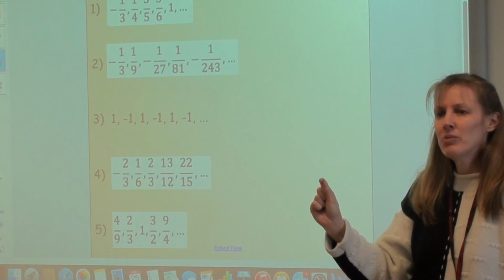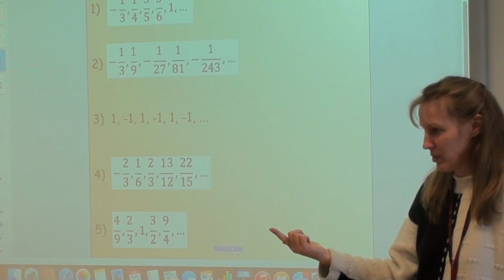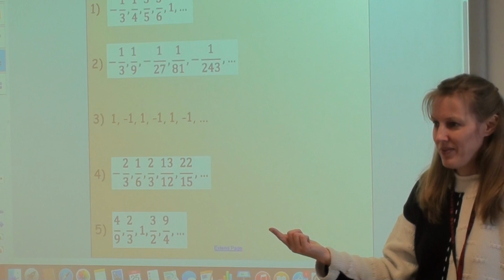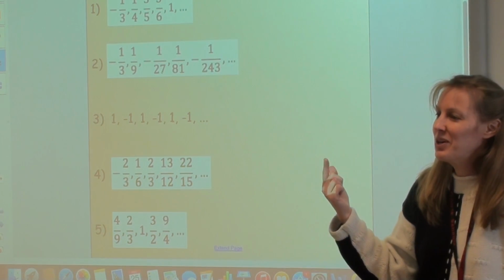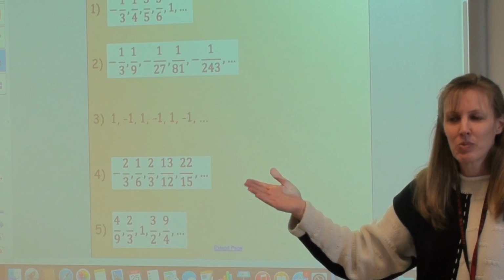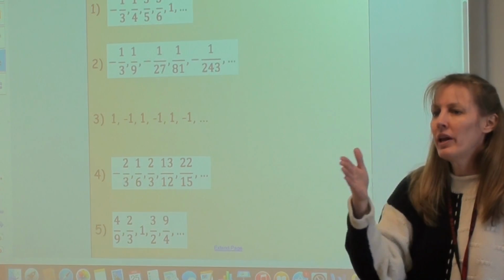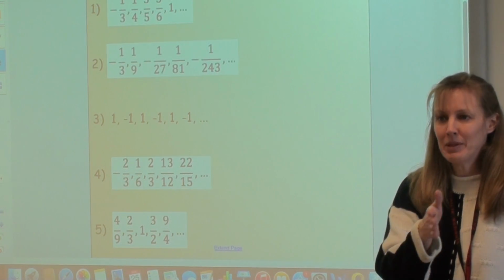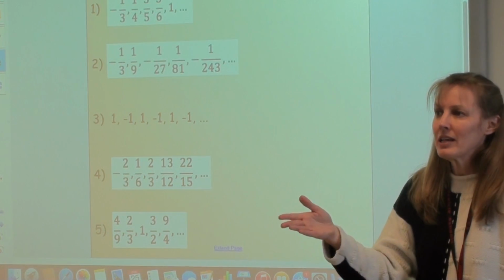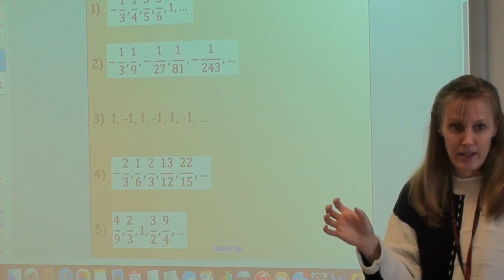Do you guys remember, I know you studied arithmetic and geometric sequences in the past, right? An arithmetic sequence is a sequence where you add to get from one term to the next. Whatever you're adding is called your common difference. Essentially, that is your slope. That number goes in front of your n.